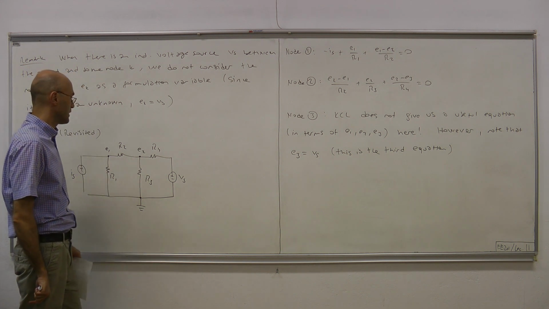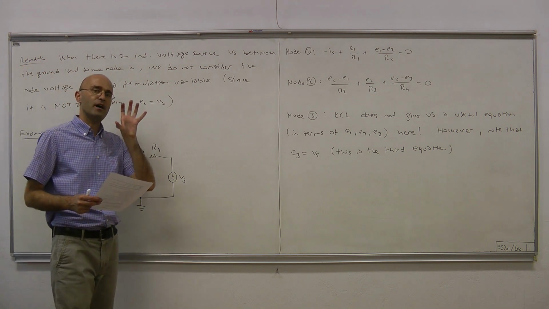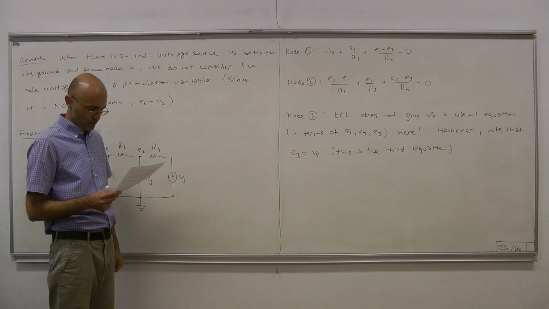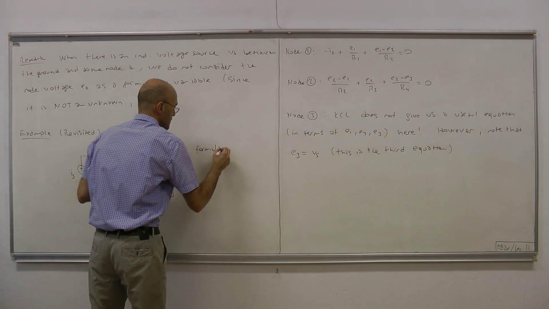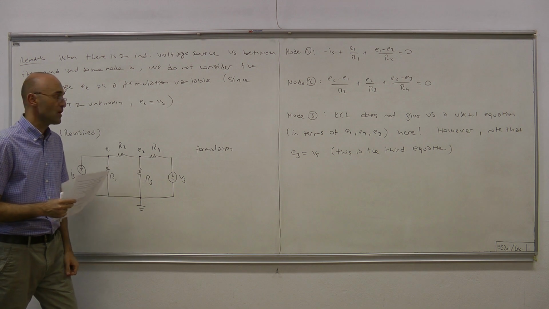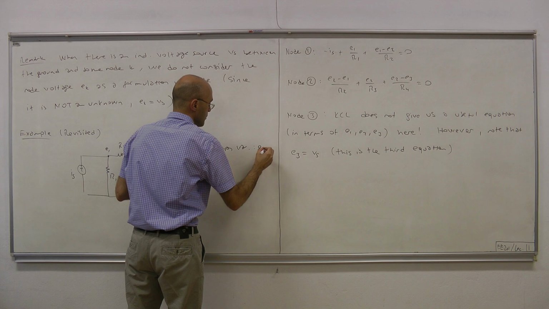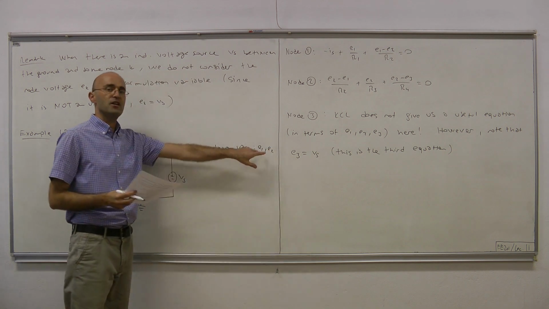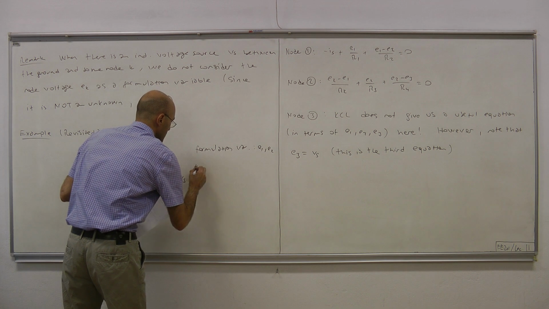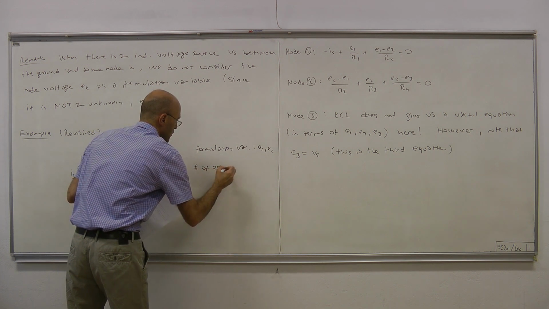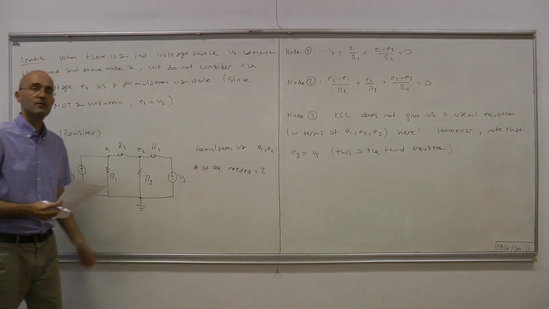And now let's quickly write those two equations and put them finally into matrix form. So this is how we treat such cases. Formulation variables are E1 and E2. Instead of 3, we have 2 formulation variables, and the number of equations needed, therefore, is 2.